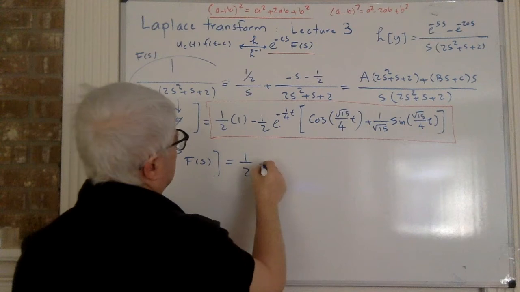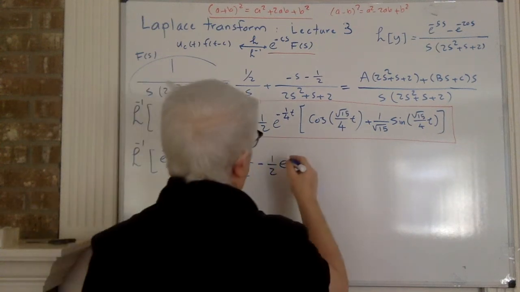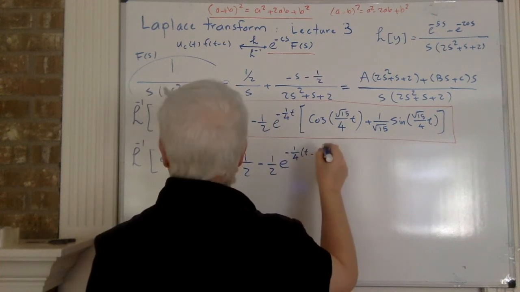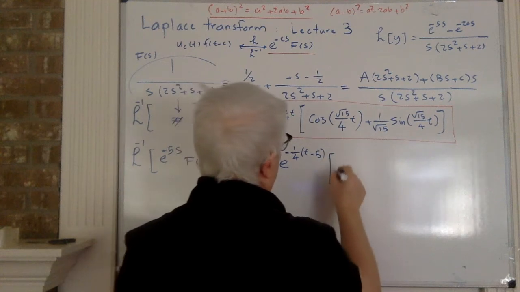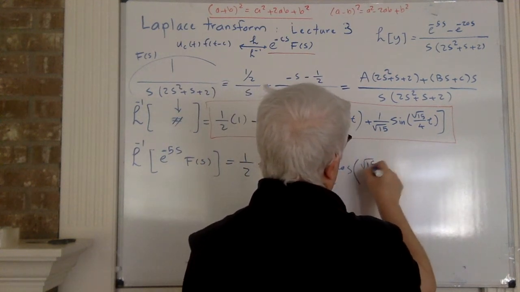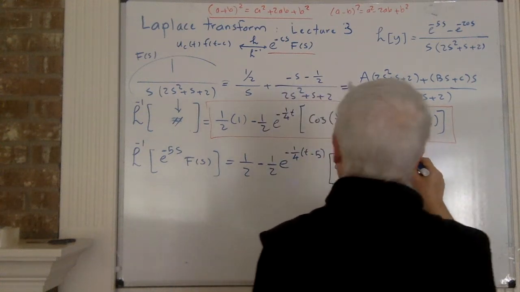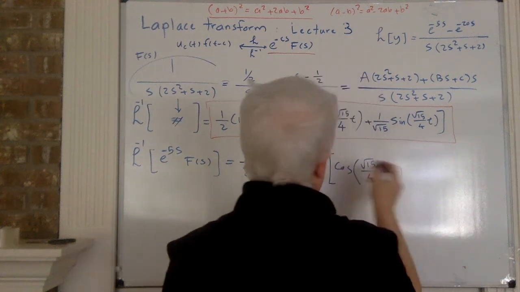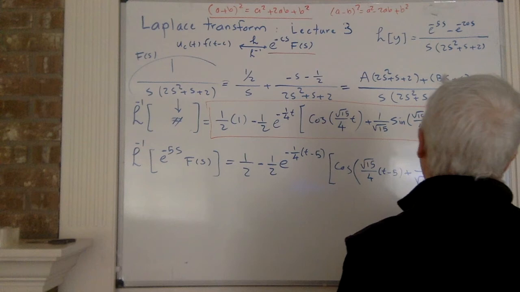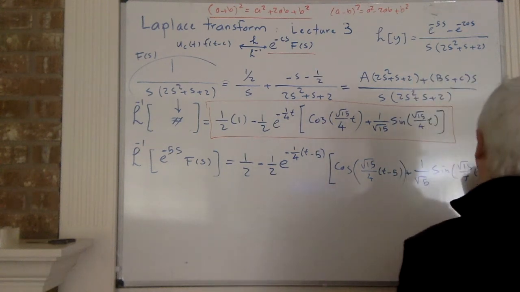I have 1/2 minus 1/2 e to the power minus 1/4 times t minus 5, cosine of square root of 15 over 4 times t minus 5, plus 1 over square root of 15 sine of square root of 15 over 4 times t minus 5.